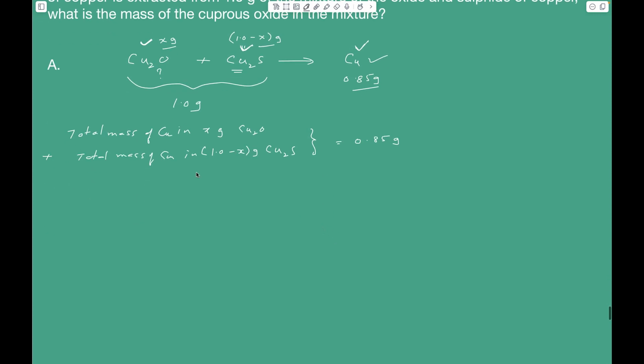Now if the total mass of copper present in these two compounds is equal to the total mass of copper extracted, then the number of atoms must also be equal, right?